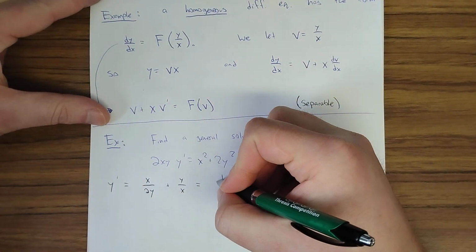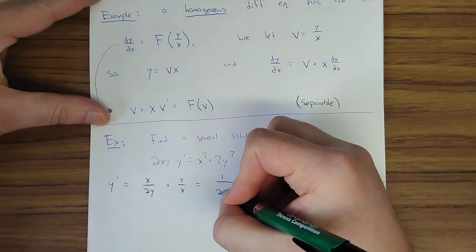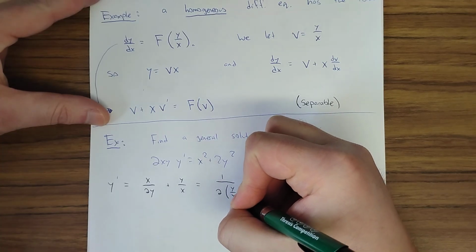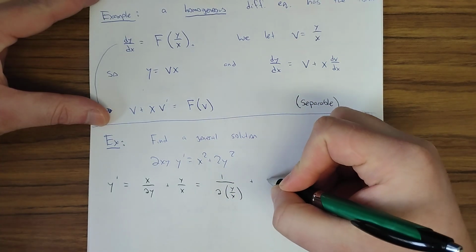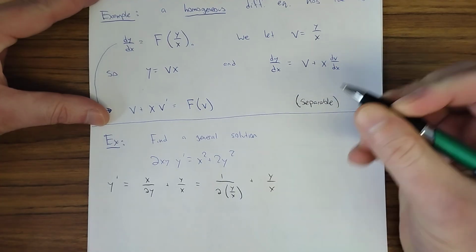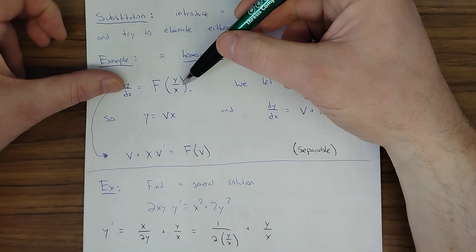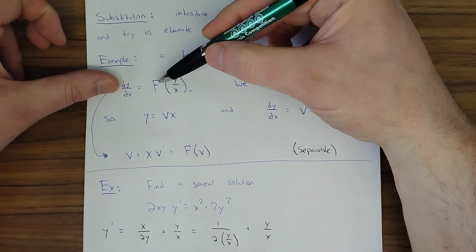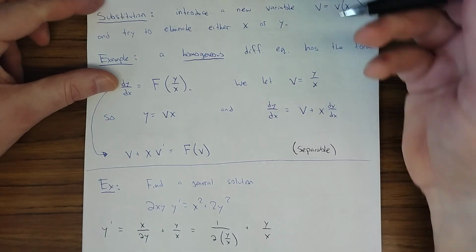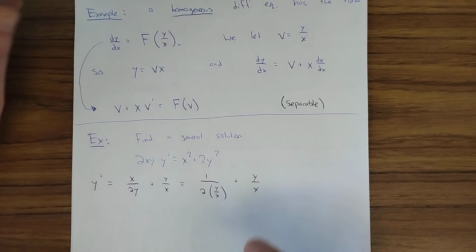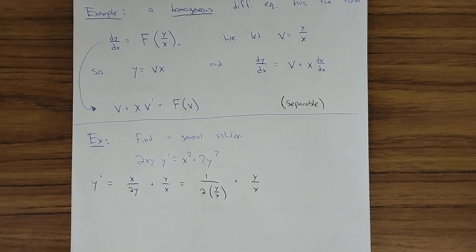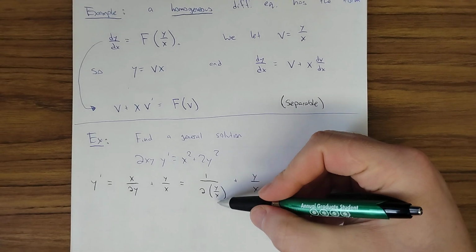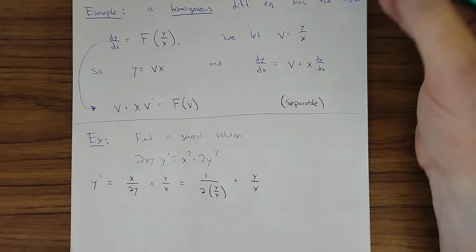And this is a little bit silly, but just to really drive it home, the original description was that y prime is a function of y over x, and here I've literally written this as a function of y over x. In other words, everywhere I see either letter, a y or an x, it's as a fraction, y over x.